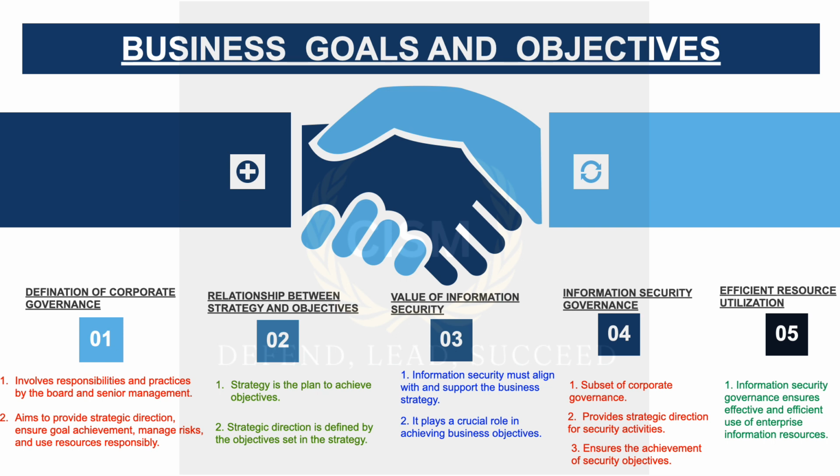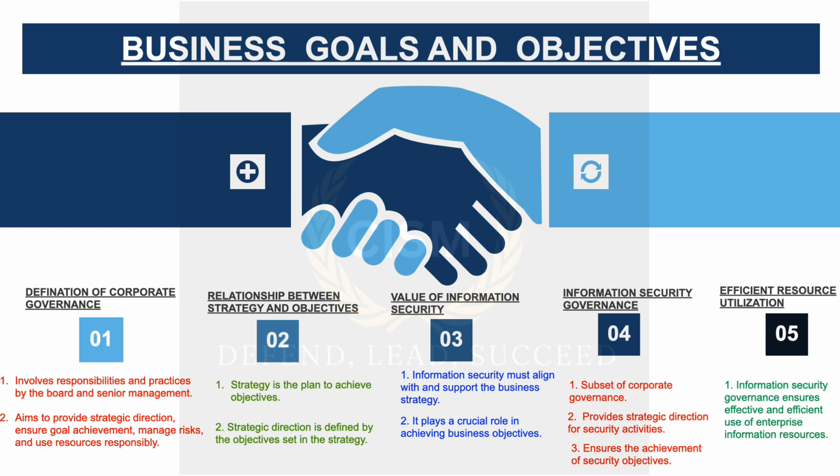It plays a pivotal role in realizing business objectives by safeguarding sensitive data, ensuring operational continuity, and maintaining the trust of stakeholders. Friends, effectively implemented information security contributes to the overall resilience and success of the business in an increasingly digital and interconnected environment.